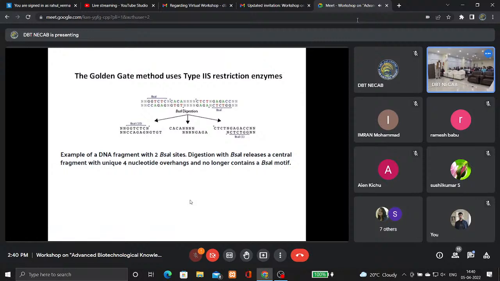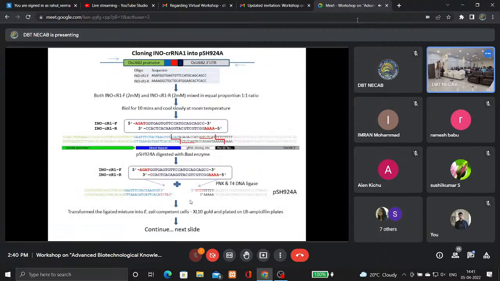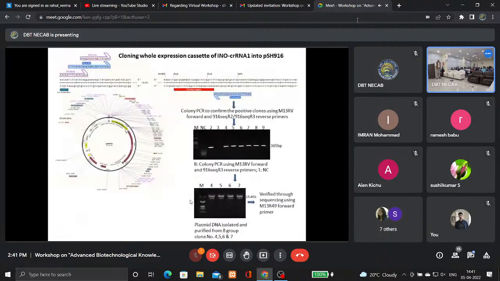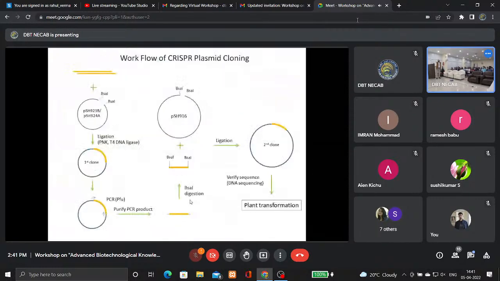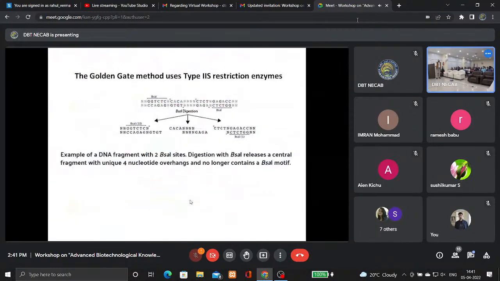It is going to digest here and here, so this inside portion, this fragment, will be released, and this is the overhang. This is what we have used as an adapter. So you know what adapters and linkers are.